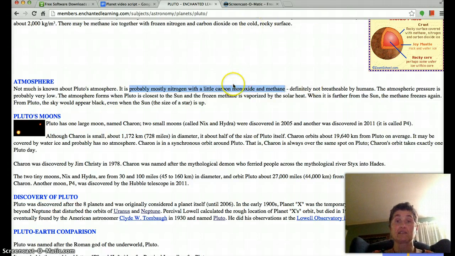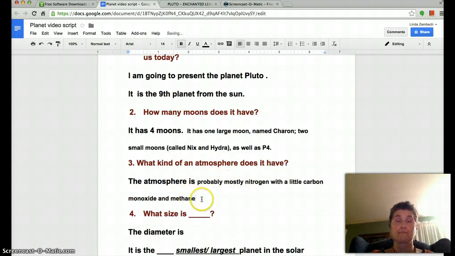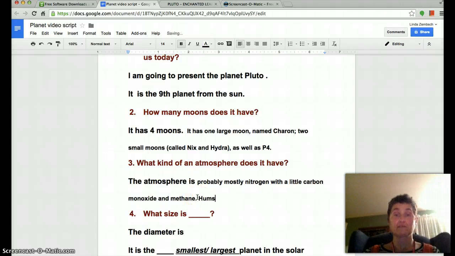Both of these gases, carbon monoxide and methane, would be poisonous to us as humans. So we could not live there. So I'm going to write that down. Humans could not live here.